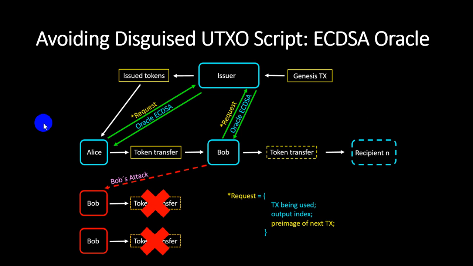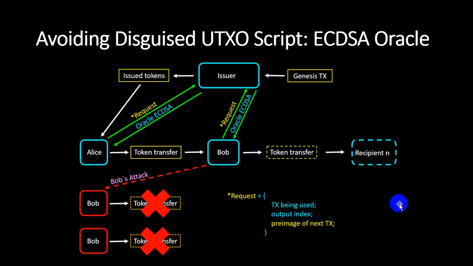built this solution using an oracle that will sign the transaction when the user tries to use that transaction. It will verify the transaction, and if it's an honest transaction, the oracle will sign, and the user also will sign, and it can be put into the token system.